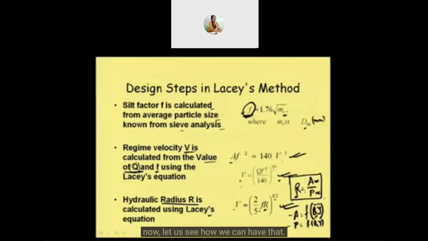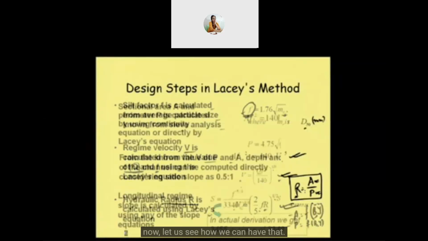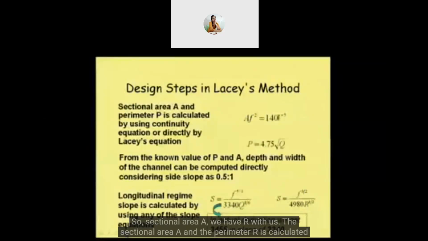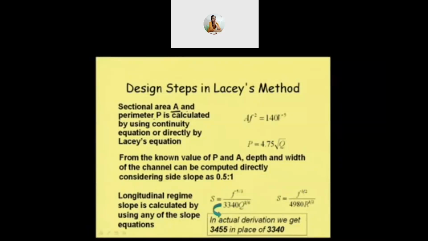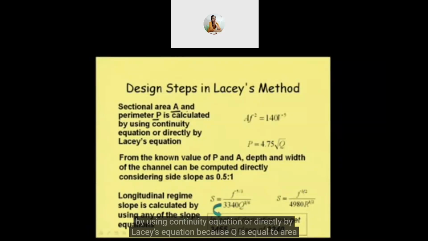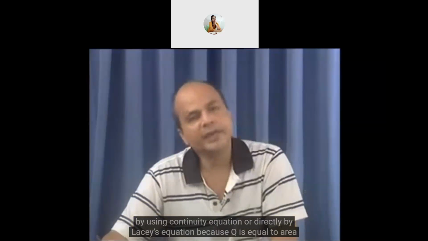So now let us see how we can have that. Well, we have R with us, and the sectional area A and the perimeter P are calculated by using the continuity equation, because Q is equal to area into velocity.